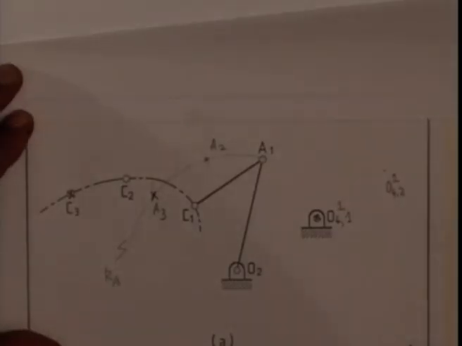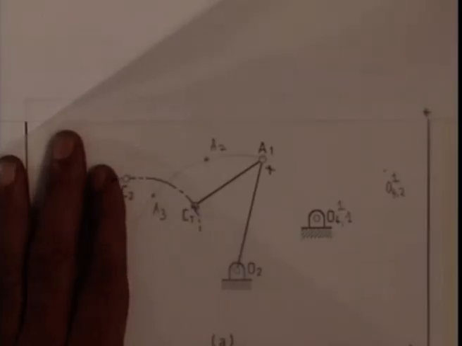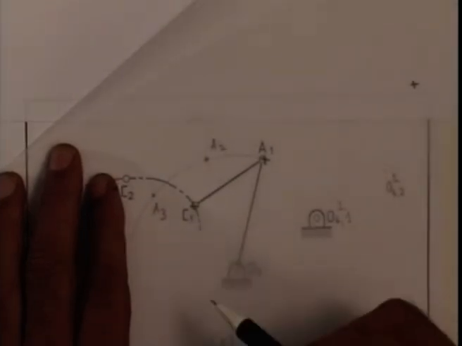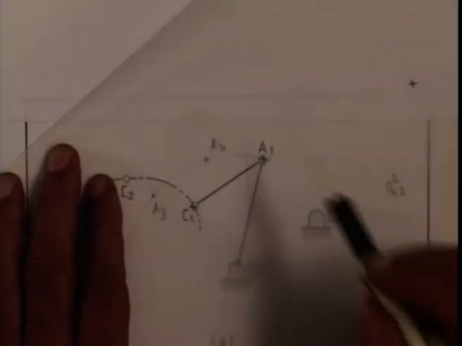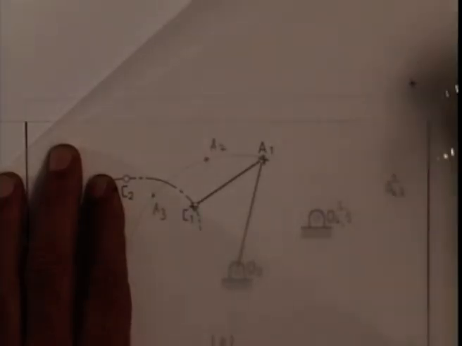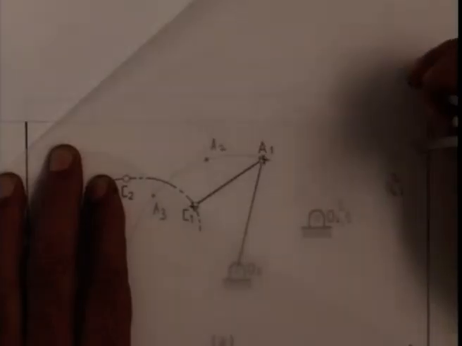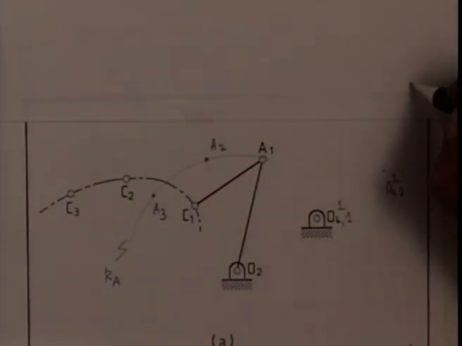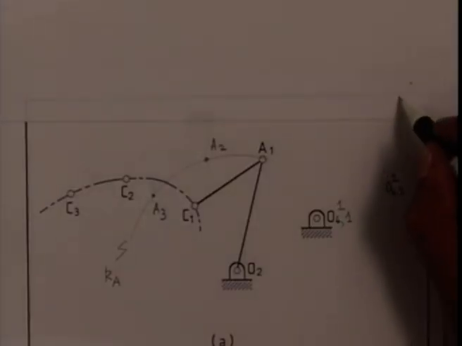So if I invert it on the first position of the coupler, that means I make C3 coincides with C1, A3 coincides with A1. This C3 I am making coincides with C1 and A3 with A1, and as we see, O4 has moved there. So I mark this point on my drawing sheet, and this I call O4 3 1.